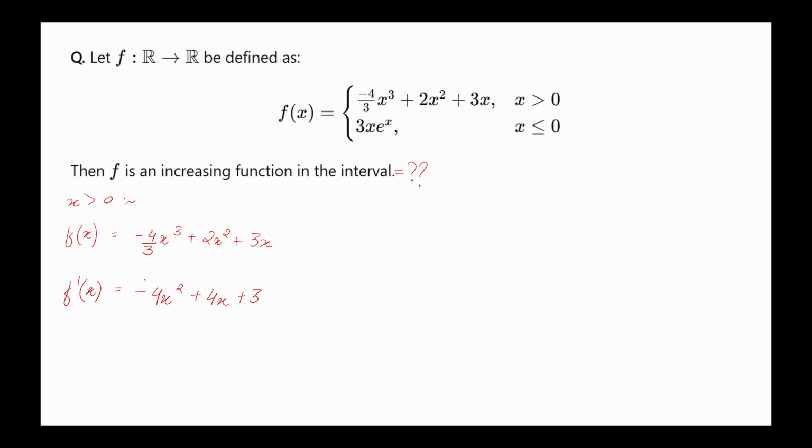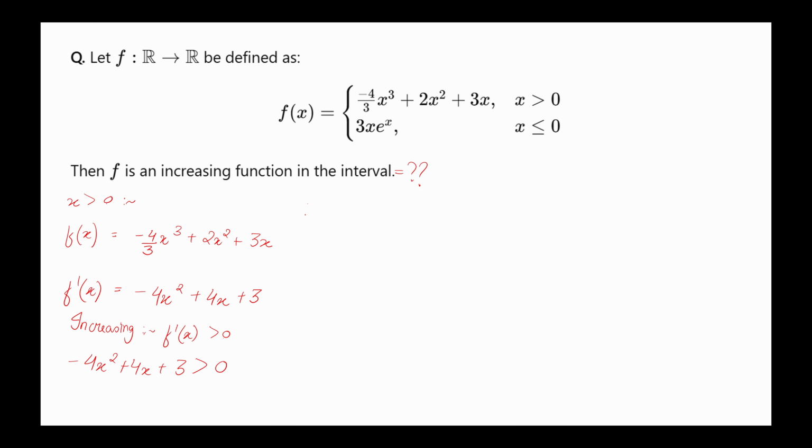Now, for my function to be increasing, my f dash x has to be greater than 0. So I'm going to equate minus 4x square plus 4x plus 3 as greater than 0. Now I will find the values of x at which it is going to be greater than 0.